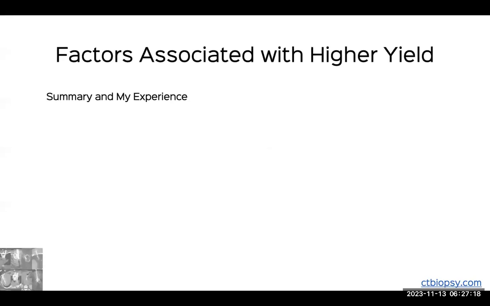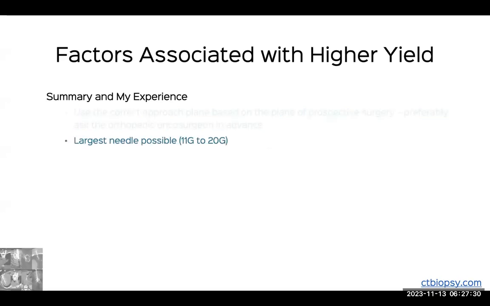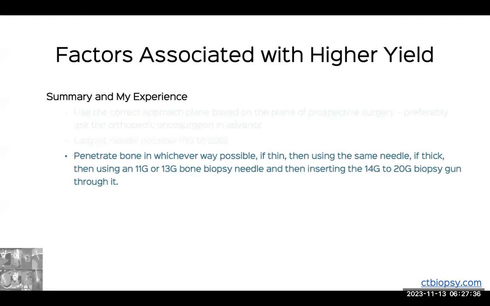So to summarize the points that help us with higher diagnostic yield. This one is obviously use the correct approach based on the plane of prospective surgery and discuss with the orthopedic oncosurgeon in advance. The largest needle possible that is safe for that particular setting.